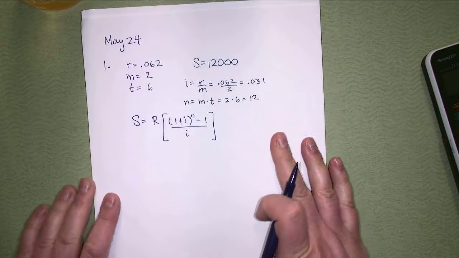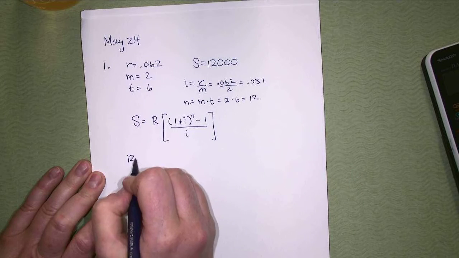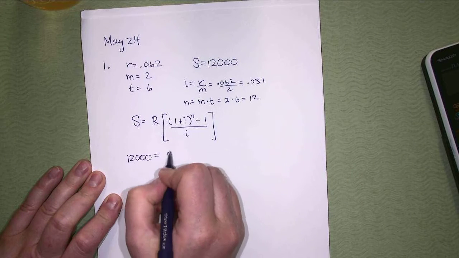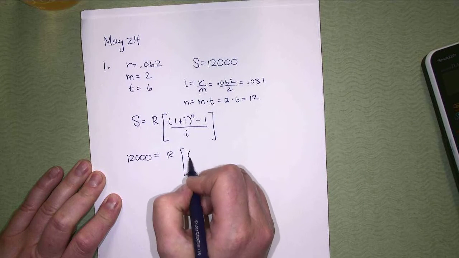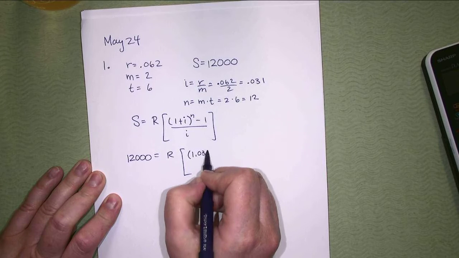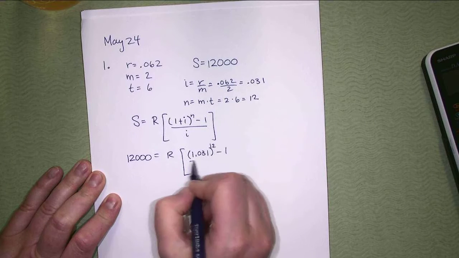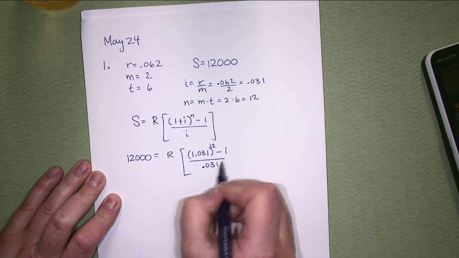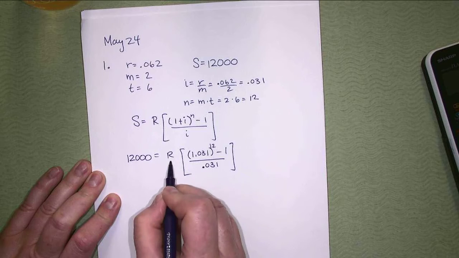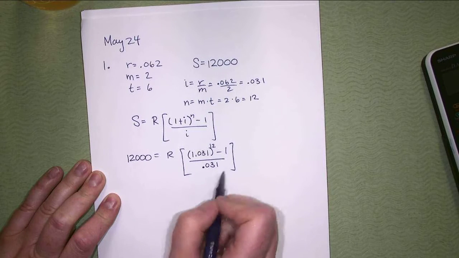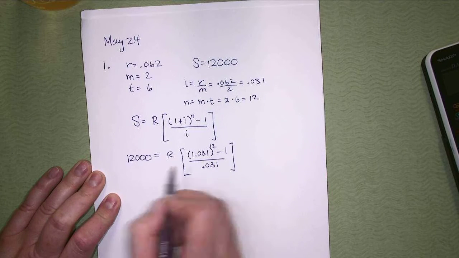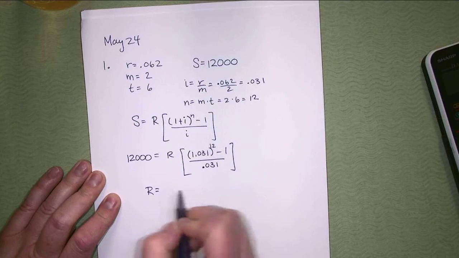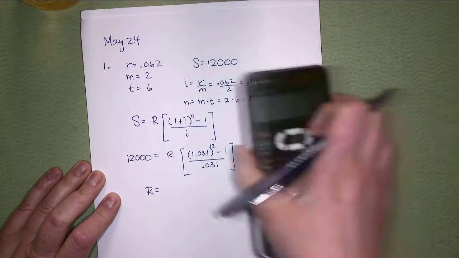Okay, so then you just plug it all in. And remember, when you're solving for R, it's easiest just to put that in a memory in your calculator and then hit divide. So I'm going to store that.